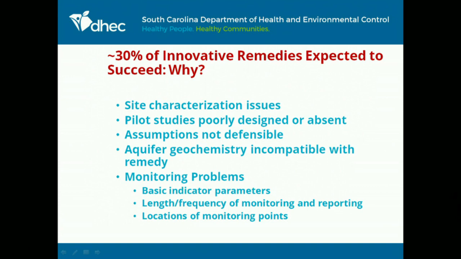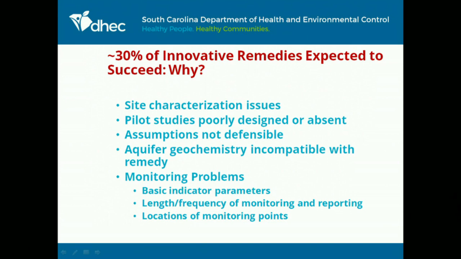Pilot studies are sometimes helpful. Or if they did a pilot study, it was just not properly designed to achieve the objectives. A lot of assumptions were made of, oh, we can inject this technology and we're going to get a radius of influence of blankety blank feet, and without any data to support that.